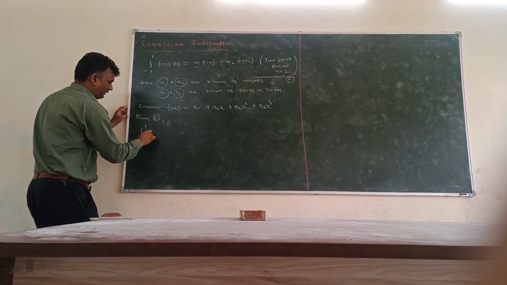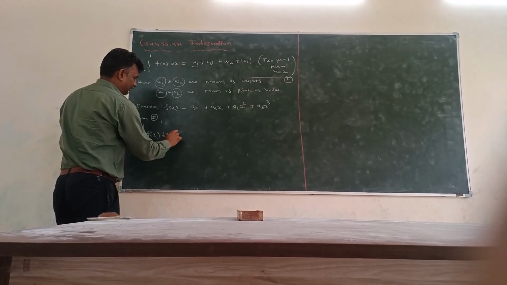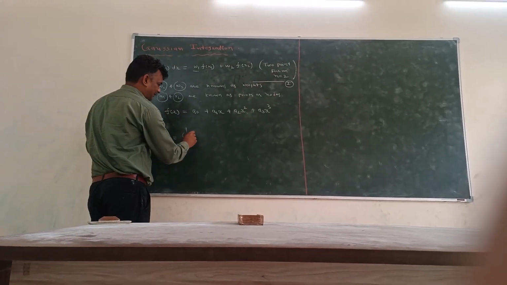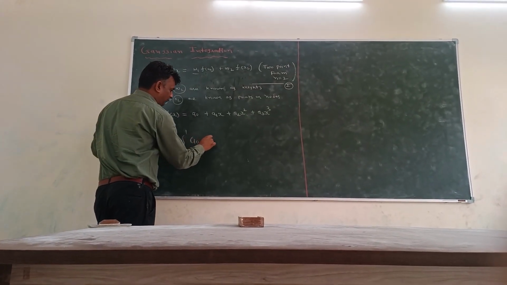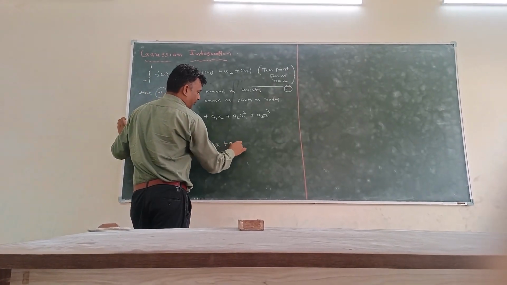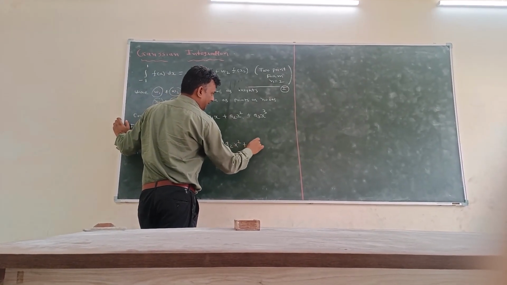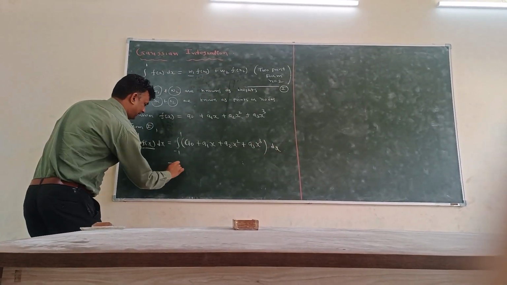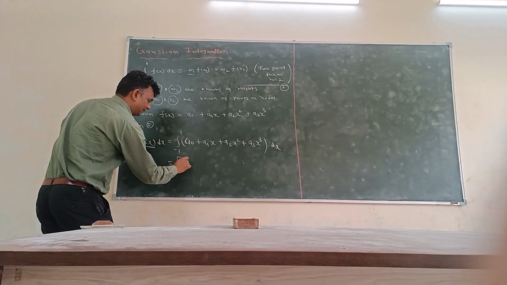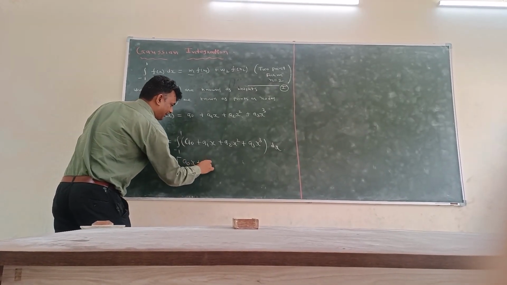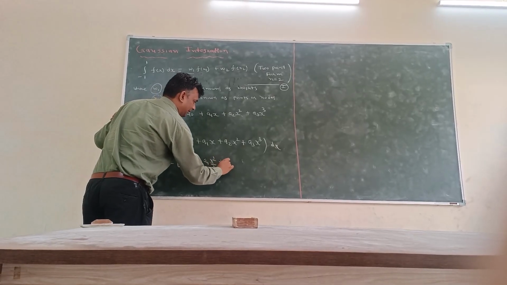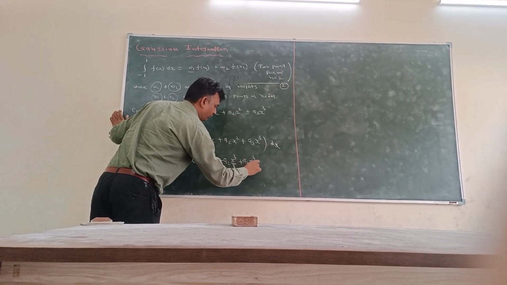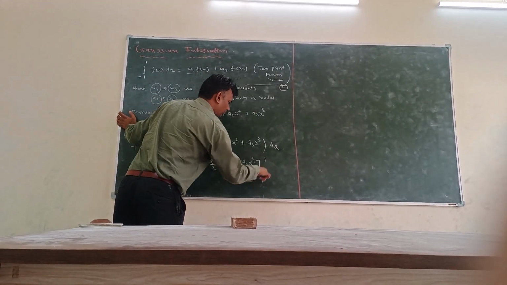So from 1, integration from -1 to 1 f of x dx is equal to integration from -1 to 1. We replace the value of f of x as third degree polynomial, that is a0 plus a1x plus a2x square plus a3x cube dx. Let us take integration: a0x plus a1x square by 2 plus a2x cube by 3 plus a3x to the 4 by 4, from -1 to 1.